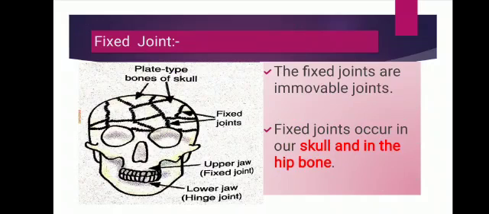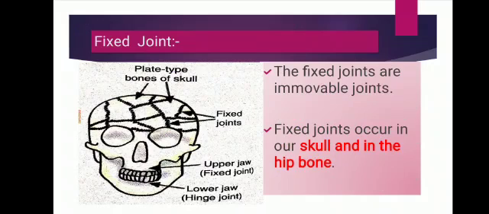And the lower jaw is connected to the skull by a movable joint called a hinge joint. The property of a hinge joint is that it allows movement only in one direction. Is it clear? The example of immovable bones is our upper jaw, and the hinge joint is present in our lower jaw.